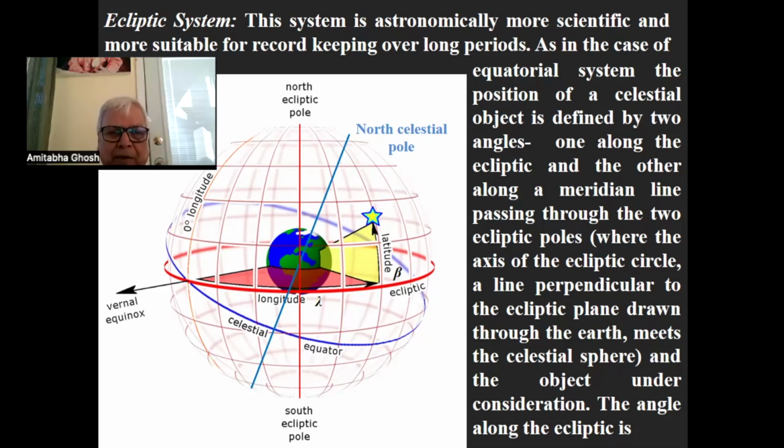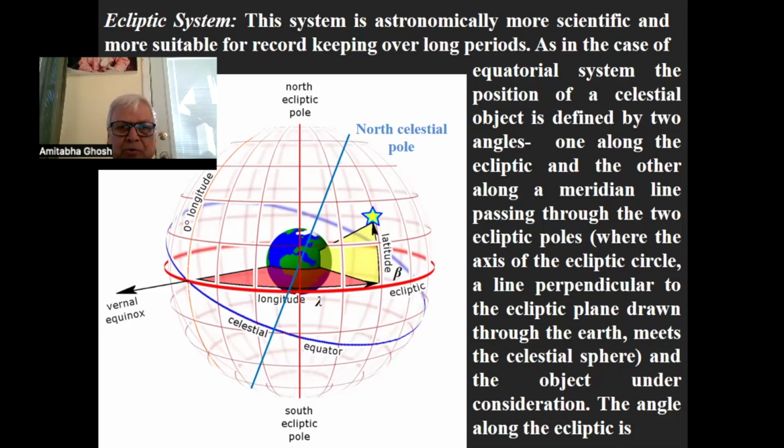There is another very important system, more suitable for scientific investigation, which is the ecliptic system, which I have shown here. You can see this is the axis about which Earth is spinning, and this is the celestial equator.